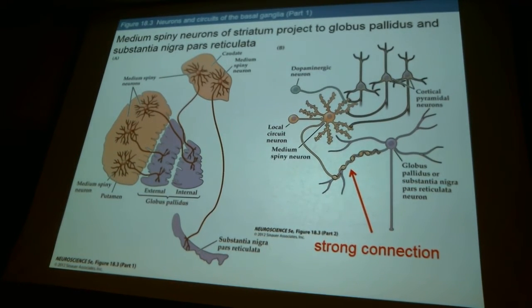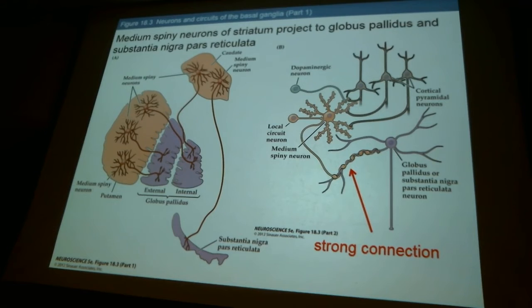Okay, the principal cells in the caudate and the putamen are termed the medium spiny cells, or MSN. There are an enormous number of these cells, but 75% of them are these medium spiny cells.